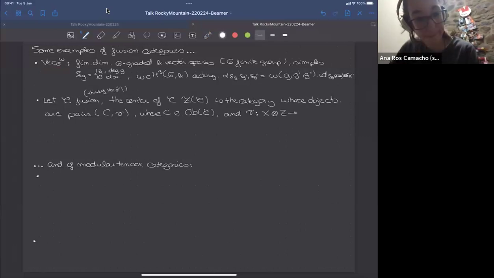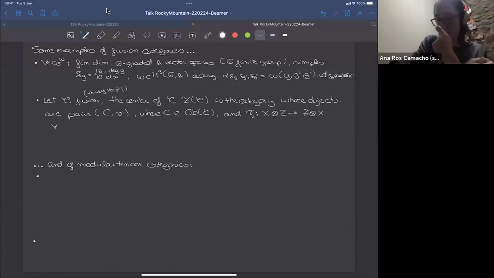For each object, there is one, and it relates the product of this object and any other object, in whatever direction you compose them.